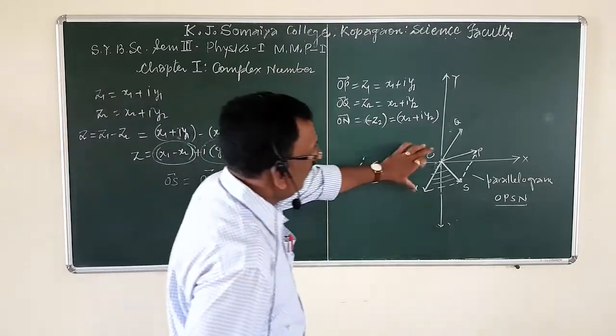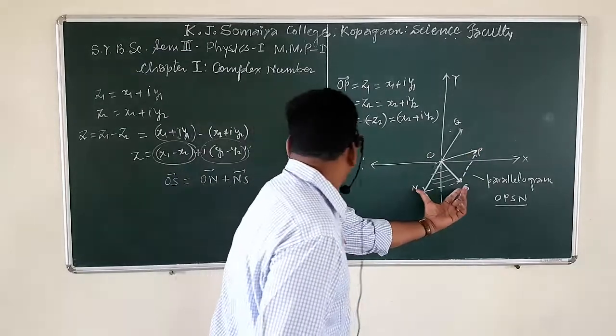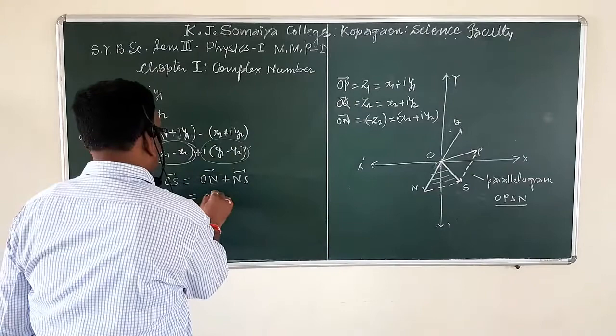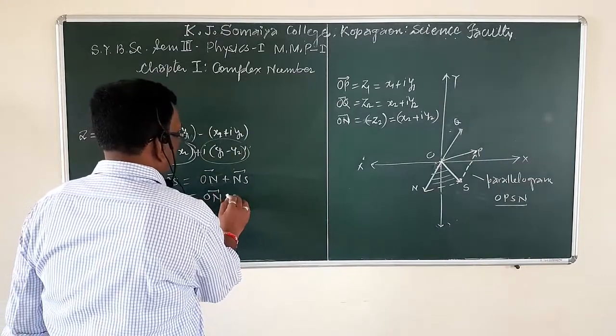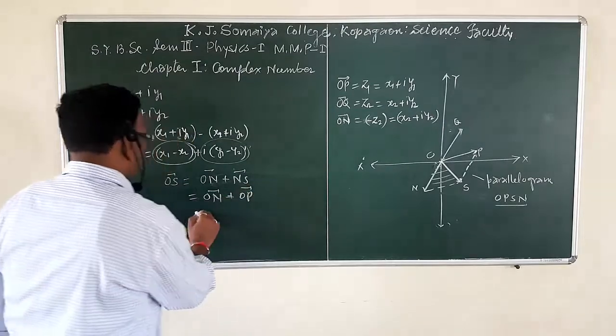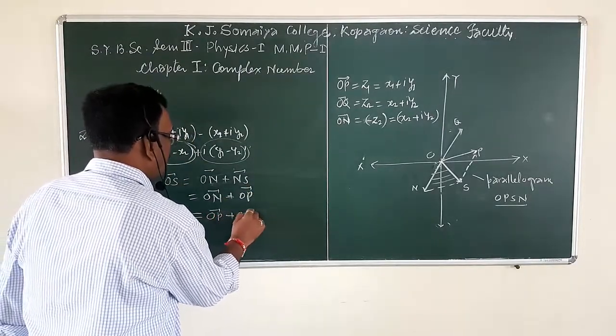But vector NS is equivalent to OP. We can write here vector ON plus vector OP, or vector OP plus vector ON.